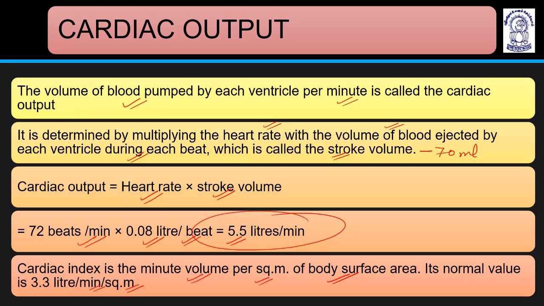You can also calculate it like 72 beats per minute into 70 ml of stroke, that is around 5000 ml or 5 liters. Cardiac index is the minute volume per meter square of body surface area. Its normal value is 3.3 liter per minute per meter square. That is cardiac index.